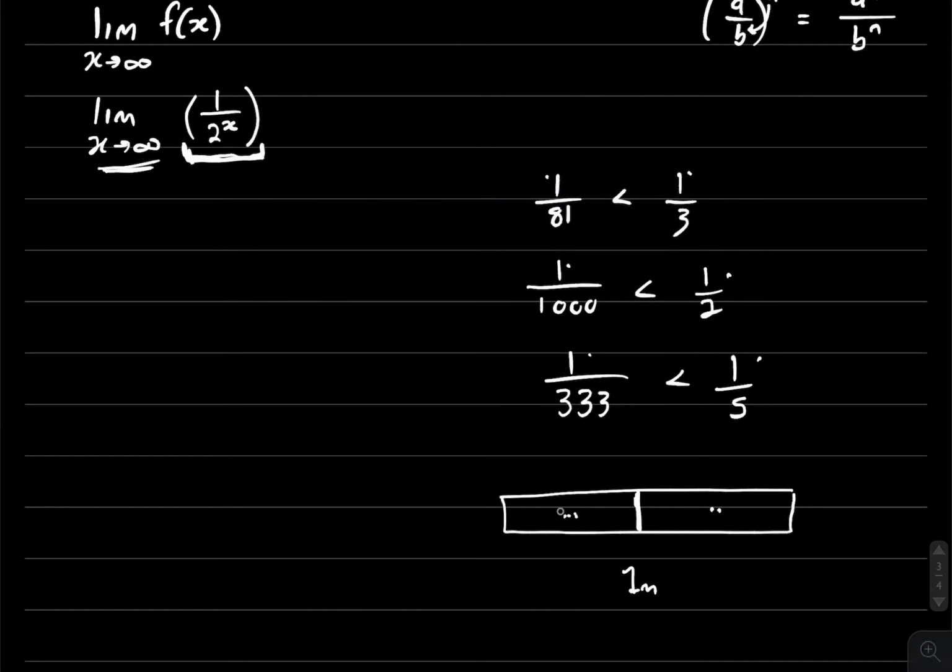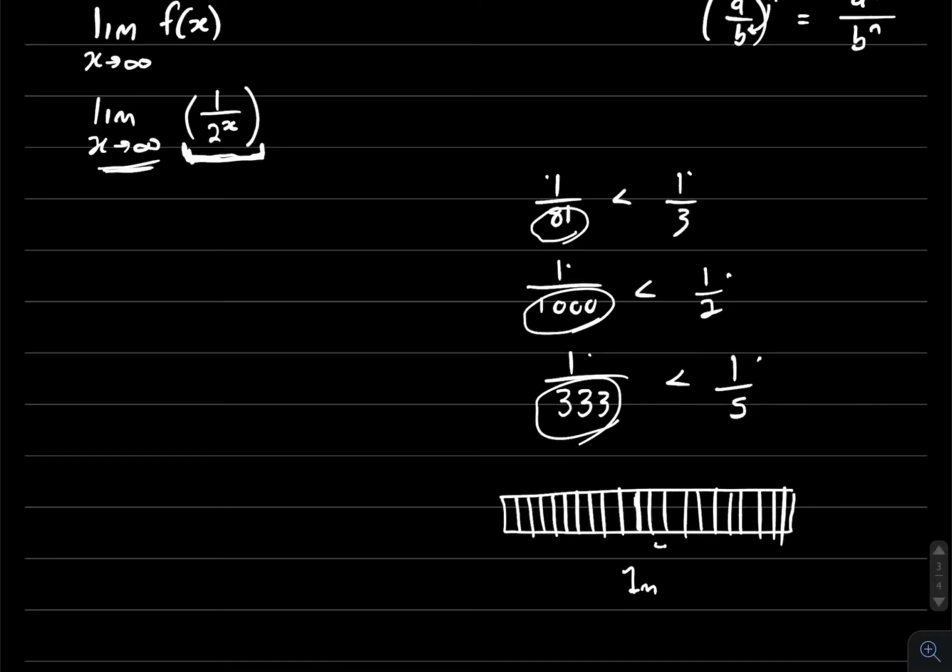But if you were to take the same block and divide it into 1,000 pieces, we obviously won't be able to draw 1,000 pieces here, but you get the point. If we were to divide it into 1,000 pieces, each piece would be very, very small. So that shows you that as you divide by a bigger and bigger number, your fraction gets smaller.